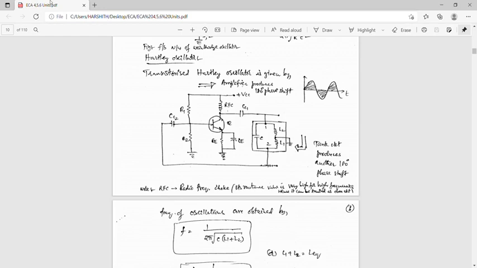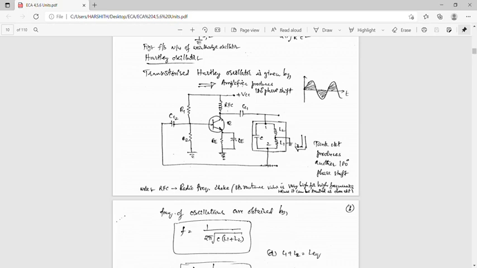It uses two inductive reactances and one capacitive reactance, totally forming the tank circuit. This feedback network is called the Hartley oscillator.